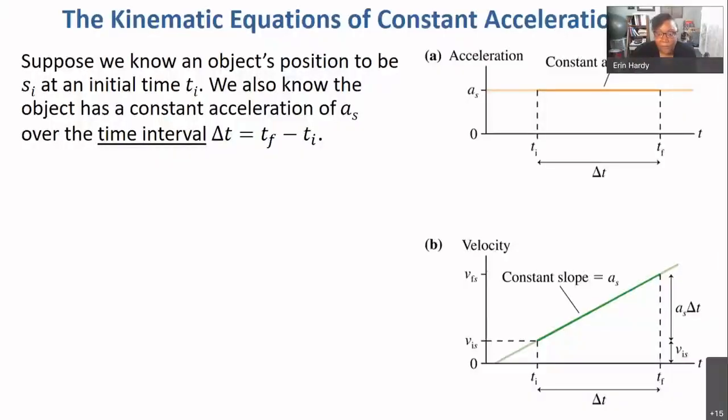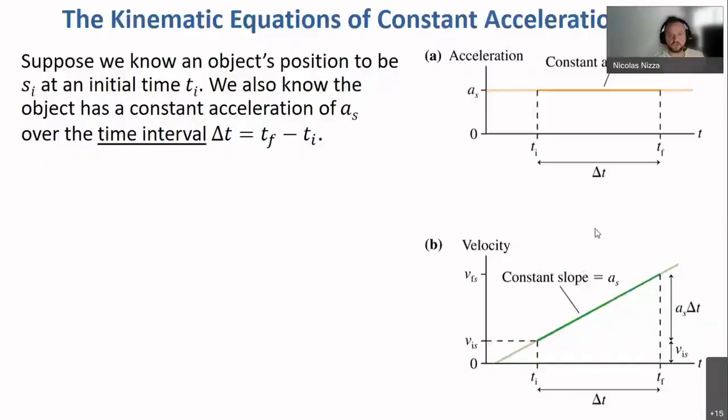So from v initial to v final, that number will be the area under the curve of the acceleration graph. That's exactly true. It's the change in the y value.